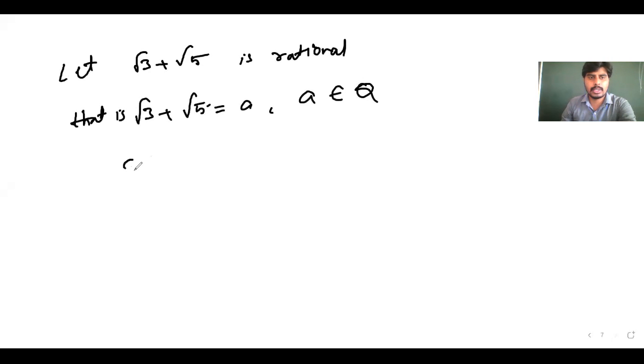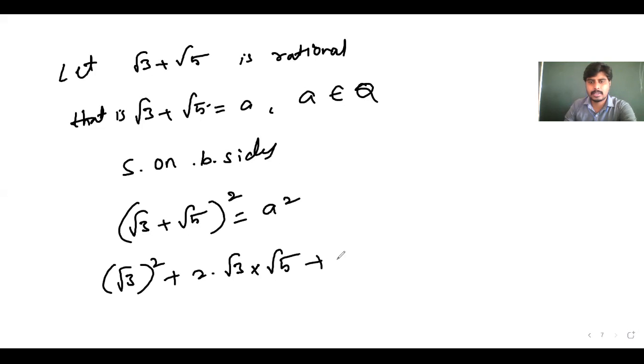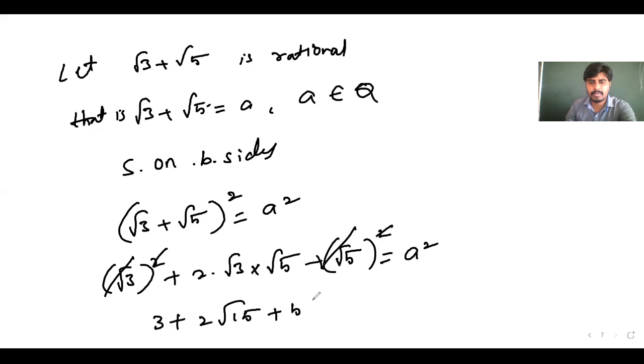So squaring on both sides, root 3 plus root 5 whole square is equal to a square. So root 3 whole square plus 2 into root 3 into root 5 plus root 5 whole square is equal to a square. The square roots get cancelled, and 3 plus 2 root 15 plus 5 is equal to a square.